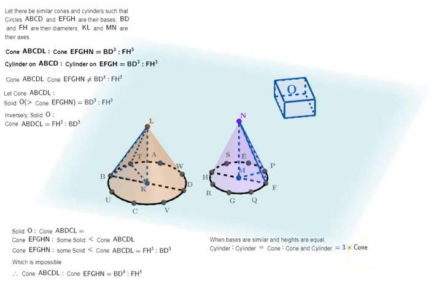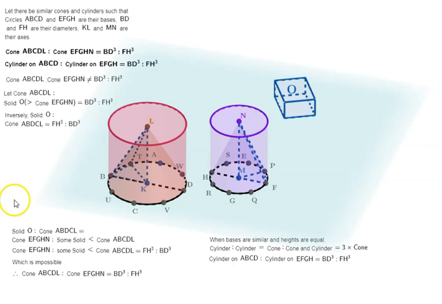So let me bring in the cylinders just for visual impact. Cylinder on ABCD is to cylinder on EFGH is equal to the triplicate ratio of the diameter of the bases, which is what we had to do.